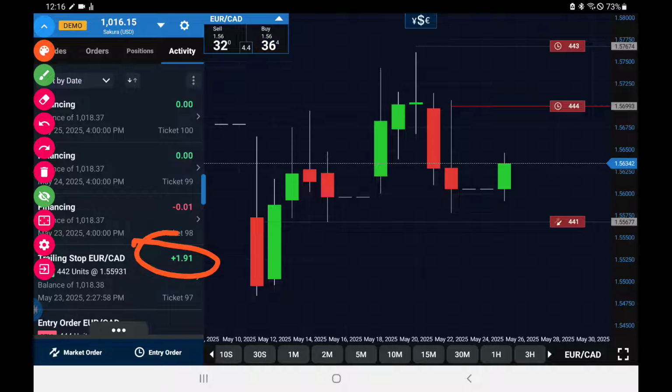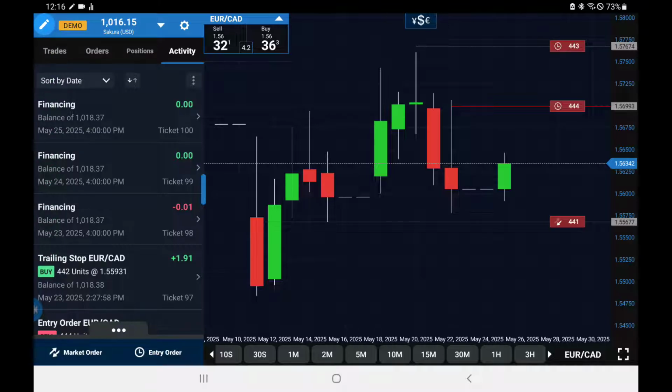Again, the balance is going to be reflective of the profits with proper risk assessment. But there's more that we can do. So let's actually get into that, and let's actually transition to a live account.